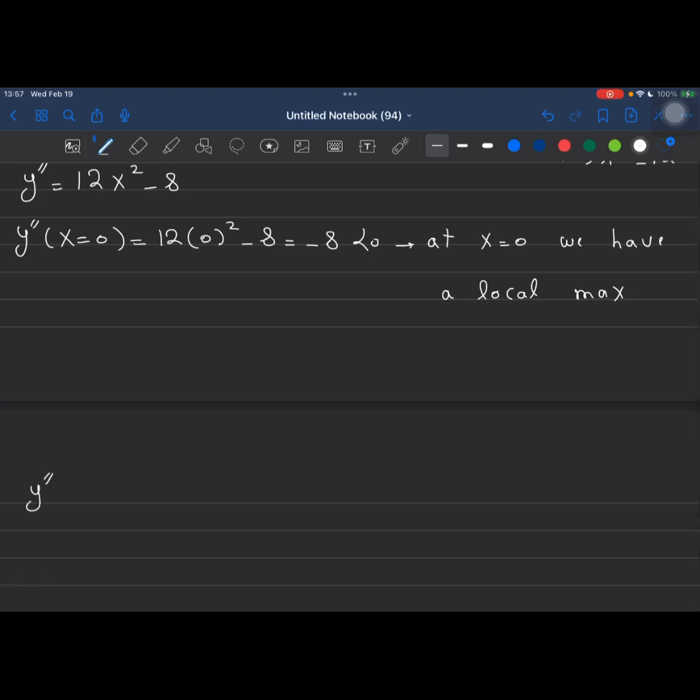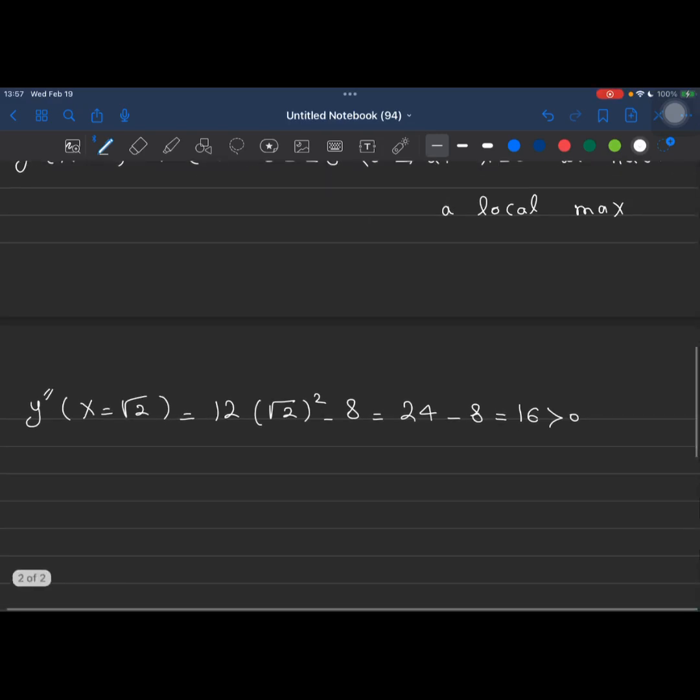Next thing is to evaluate y double prime at x equal to root 2. So that's going to be equal to 12 times root 2 to the power of 2 minus 8. And that would be 24 minus 8, which is 16, and that is positive. So then you can say at x equal to square root of 2, we have a local minimum.